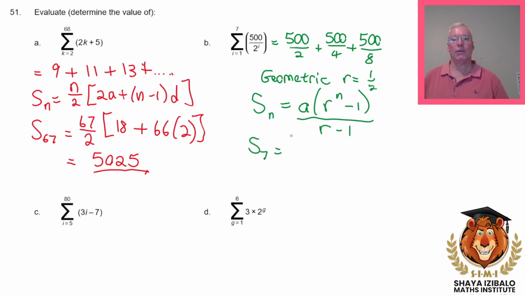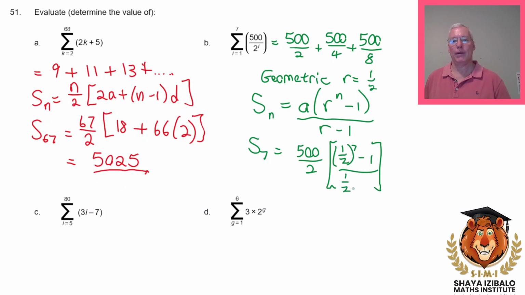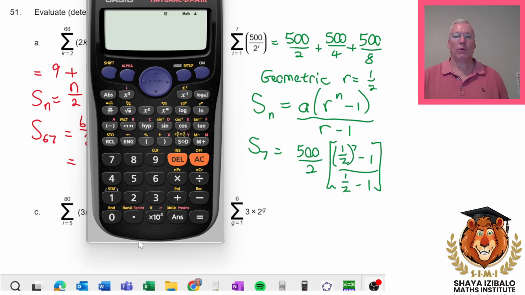Okay, so let's have a look. The sum of 7 terms is going to be A, 500 over 2, and we've got r is a half to the 7, I like to just put that in brackets just to be sure, minus 1 over a half minus 1. Let's pull up our calculator and see what we've got there. We've got 500 over 2.